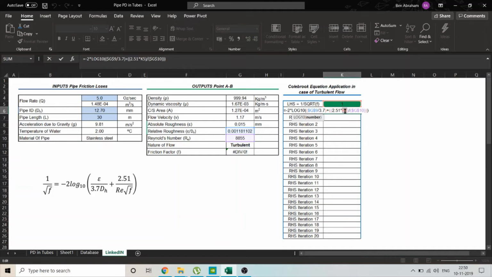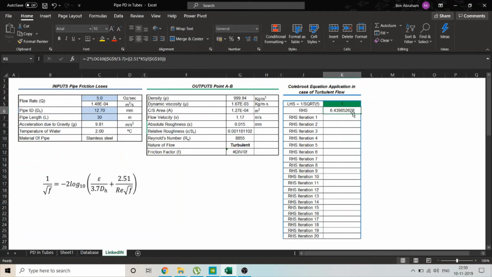You will notice another important thing here: I've added the dollar signs to the other variables. That ensures that when I drag this cell down, those variables don't change their position, whereas this value changes its position. I'll get into that in more depth.